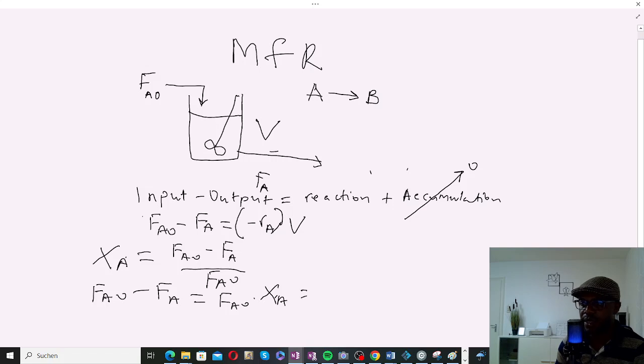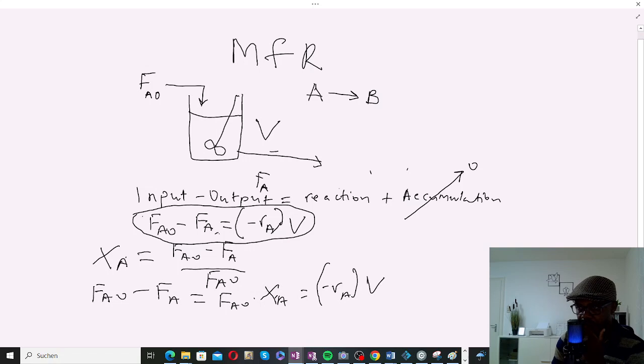And that is to say that this whole expression we have here is equal to minus RA times V.